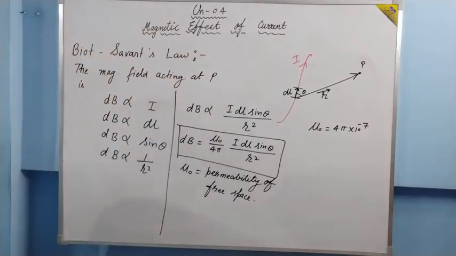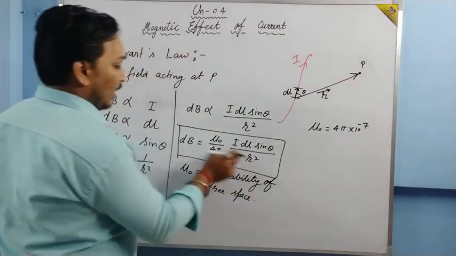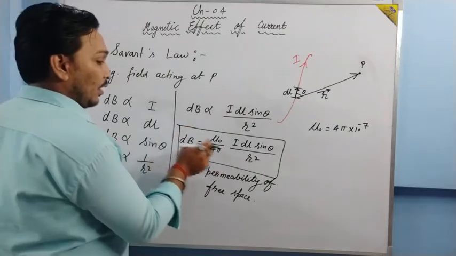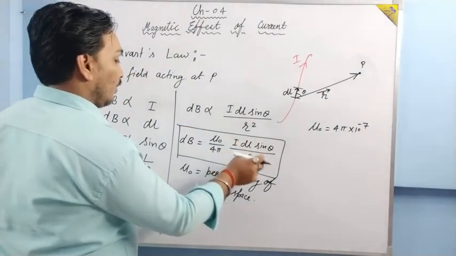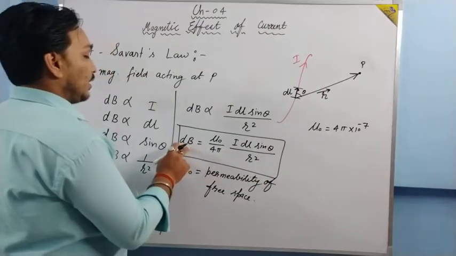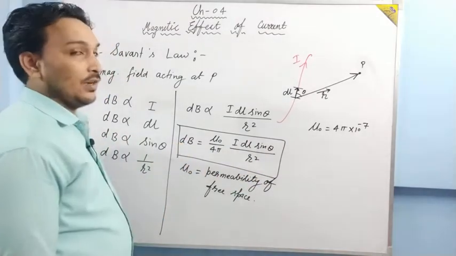What will be its unit? Here r square is meter square, I is ampere, dl is meter. One meter will cancel one meter. dB is Tesla, the unit of magnetic field is Tesla.